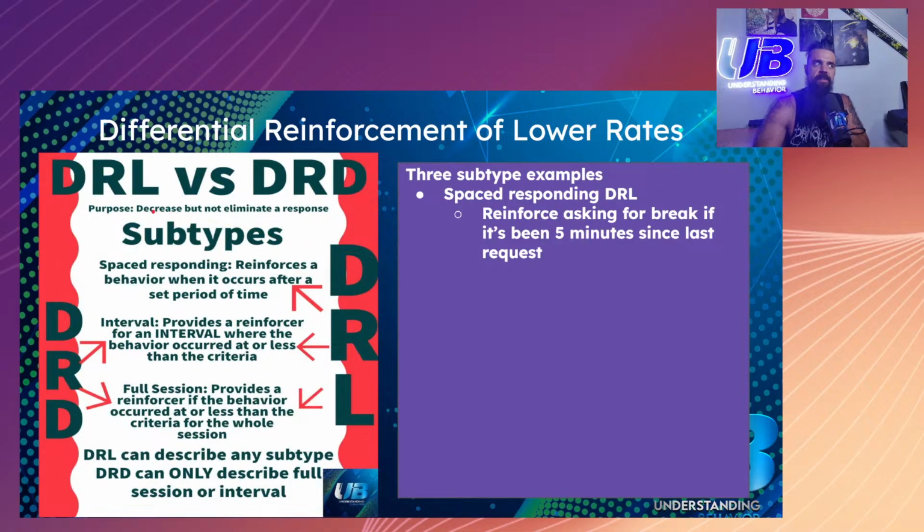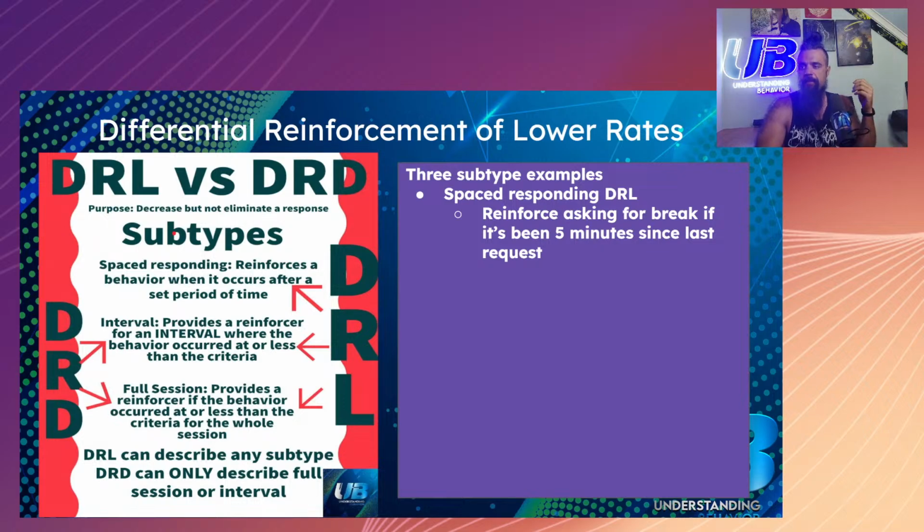To do that, we're providing reinforcement for this behavior, but we're doing it less frequently. Essentially that's what DRL is: we're still reinforcing the behavior, but we're doing it less frequently, and we have some systematic ways to do it. Spaced responding is when we base that reinforcement criteria off of the IRT.